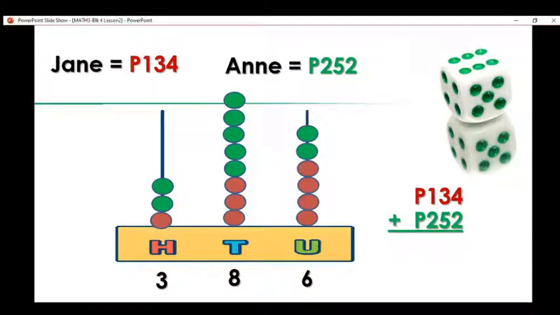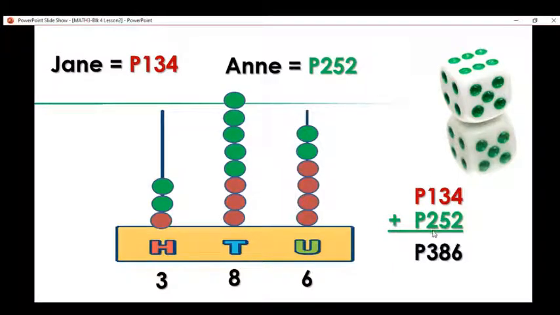If we add them in a column method, we need to put them in the correct place value. So we need to add them directly after aligning them. 4 plus 2, that is 6. 3 plus 5, that is 8. 1 plus 2, it's 3.